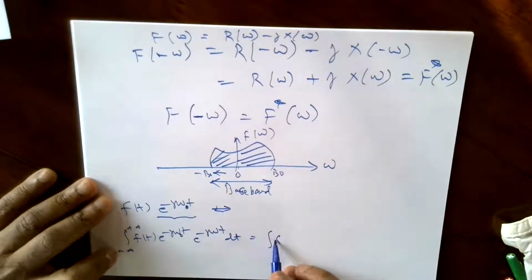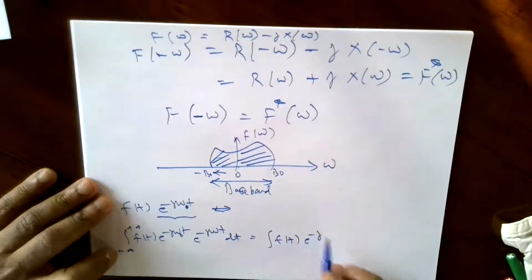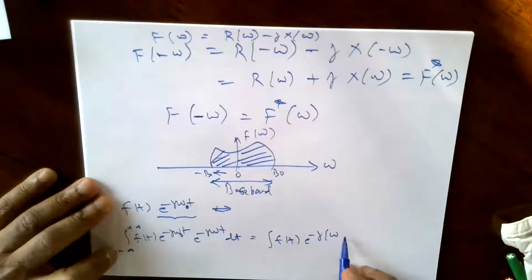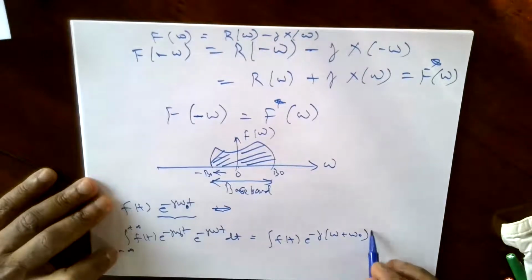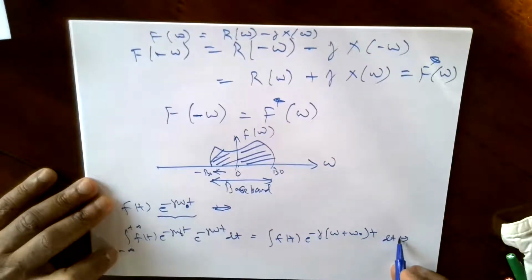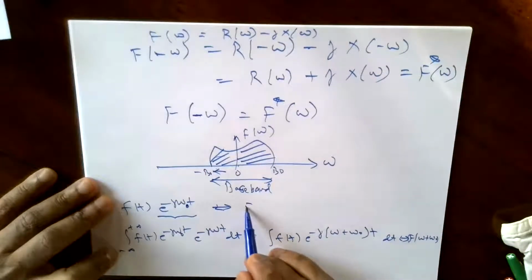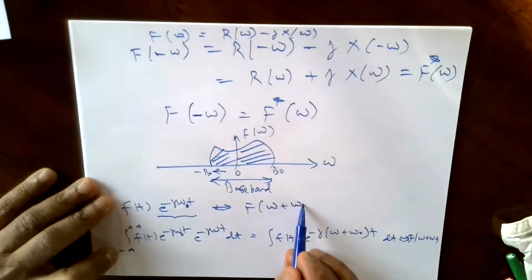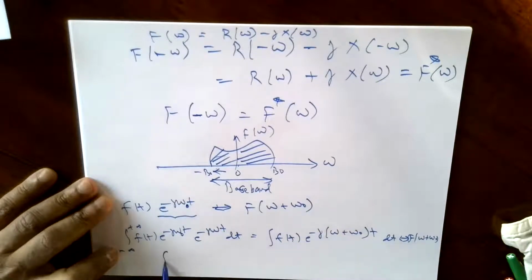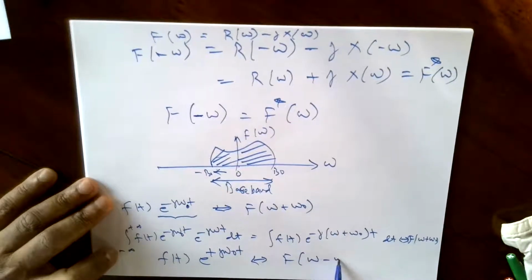So that's going to be f(t) e^(-j(ω+ω0)t) dt. That's the Fourier transform evaluated at ω plus ω0. Similarly, we get f(t) e^(+jω0 t) is F(ω − ω0).